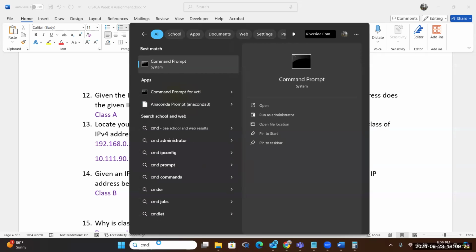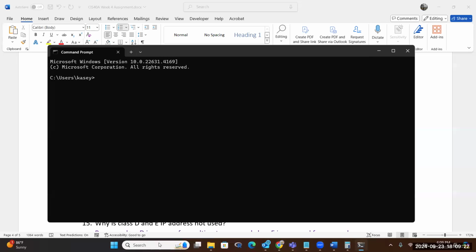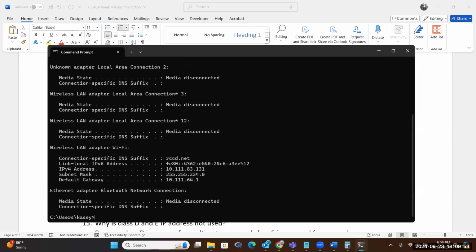So you click it or press enter. And then you're going to type ipconfig. We learned last week how to look at it, but sometimes you cannot access settings as a regular user, but you can definitely find it this way. Remember what I talked about last time, ipconfig /all gives you everything. You can do ipconfig and press enter.